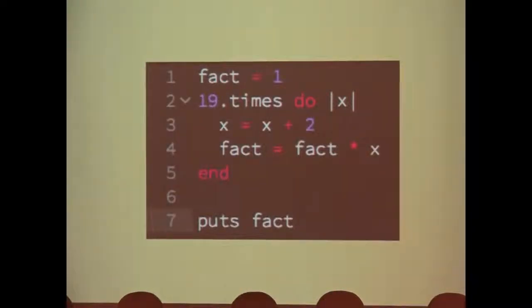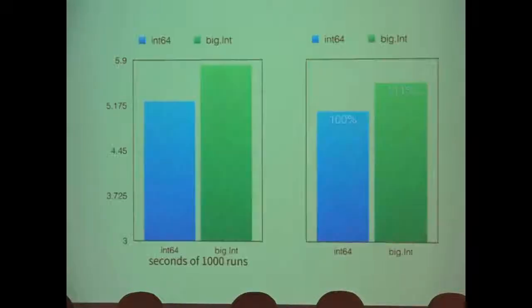As you can see, this tiny snippet of script is about factorial computations, which computes up to 20. You might ask, why select the number 20? Because 21 will cause the 64-bit integer to overflow. That's why. And the result is like this. The graph on the left is the accumulated time of 1,000 runs.